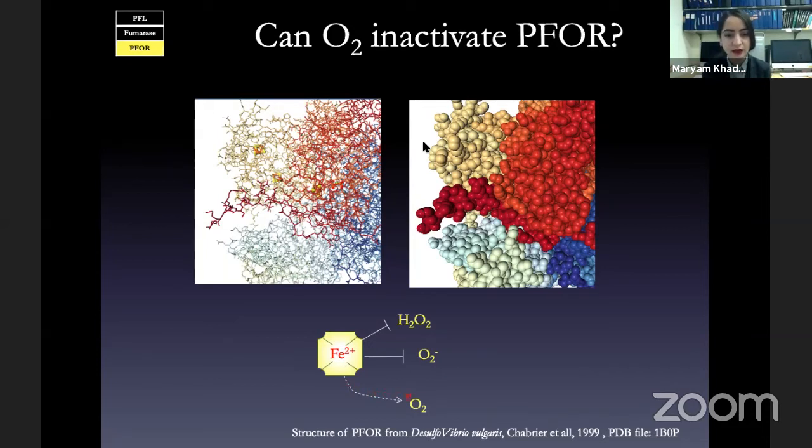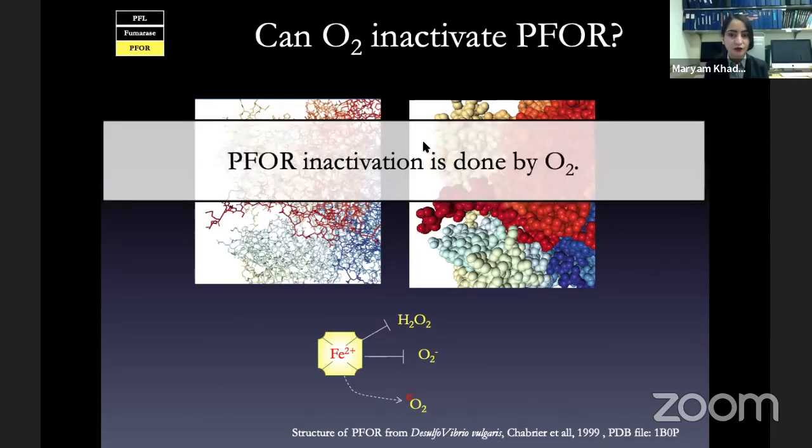And it does happen indeed. So this shows that from structural evidence, it is also evident that superoxide and hydrogen peroxide cannot be inactivating PFOR. So overall, these put together show that PFOR inactivation is done by O2 itself.